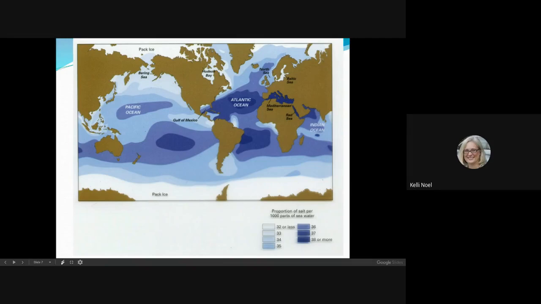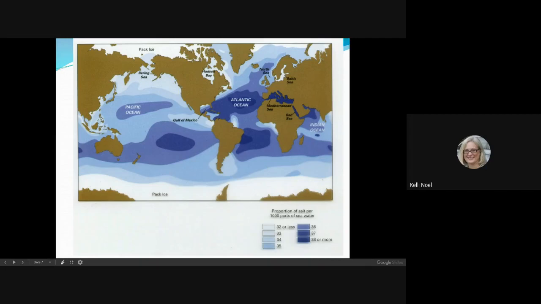Over in the Pacific Ocean, it's down in between Australia and South America. And then on the other side of South America in the Atlantic Ocean, there's another section to the east or west of Australia. And then the lighter it gets, the less salts.